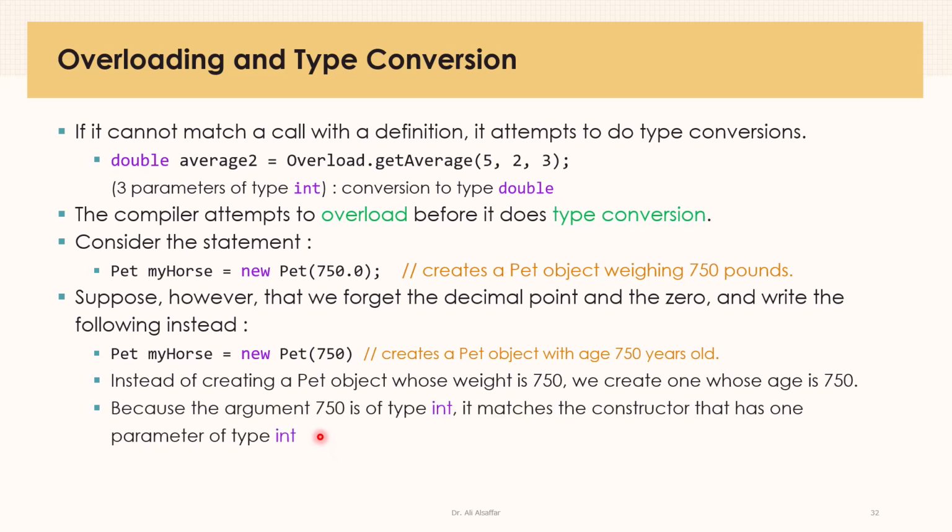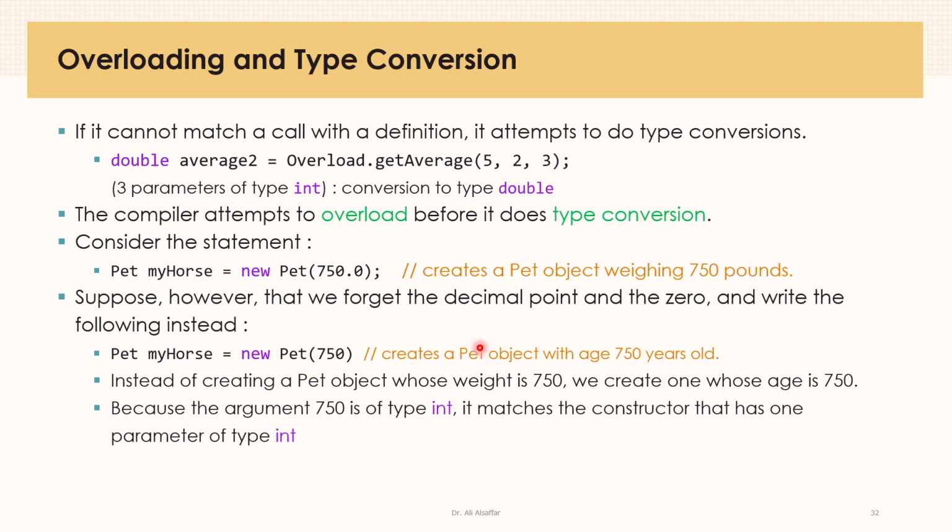The reason is that the argument 750 is of type integer. Therefore, it matches the constructor that has one parameter of type integer, and this constructor was defined to create a pet where the input parameter is the age. And it doesn't make sense that we have a pet whose age is 750.